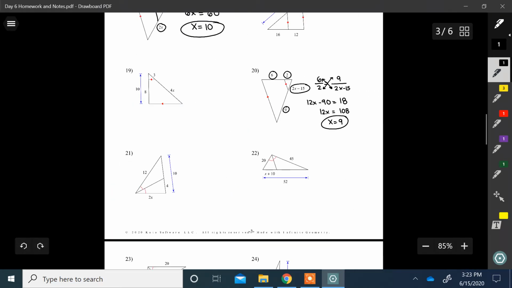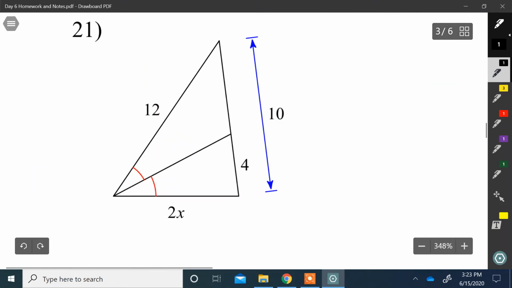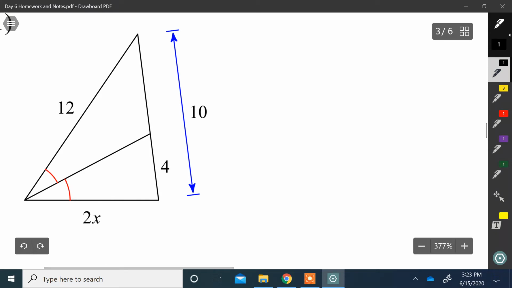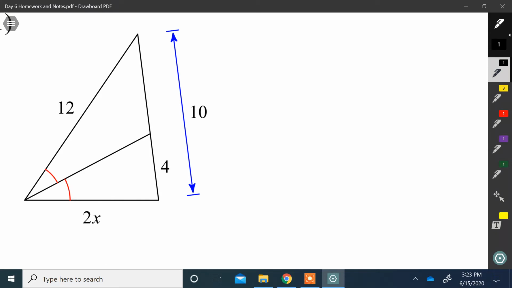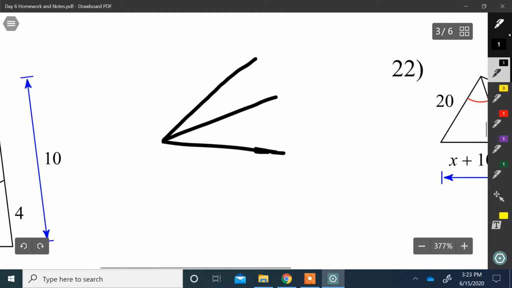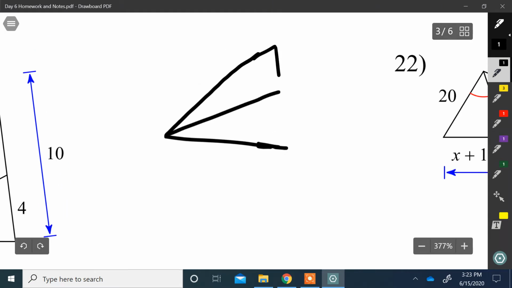All right, let's talk about number 21. And this has to do with proportional parts as well. And you might want to take some notes on this as well.